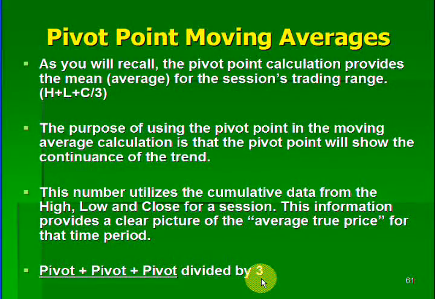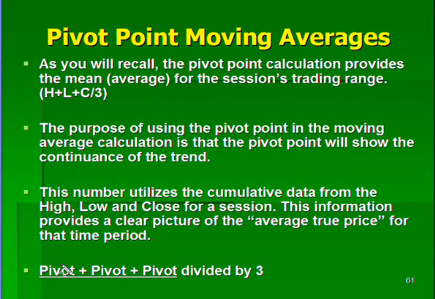Friends, that is right there, as I'm showing you, a moving average, a 3-period simple moving average of a pivot point. And that's what I wanted to really highlight for you: if you take a day of, say, Wednesday, and then a day of Tuesday, and a day of Monday, and take the pivot points from those 3 days, add them up, that's going to give you the true typical price for those 3 time periods.